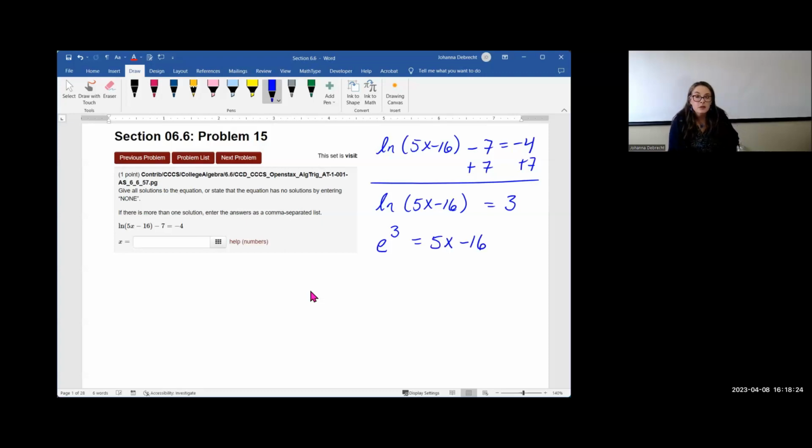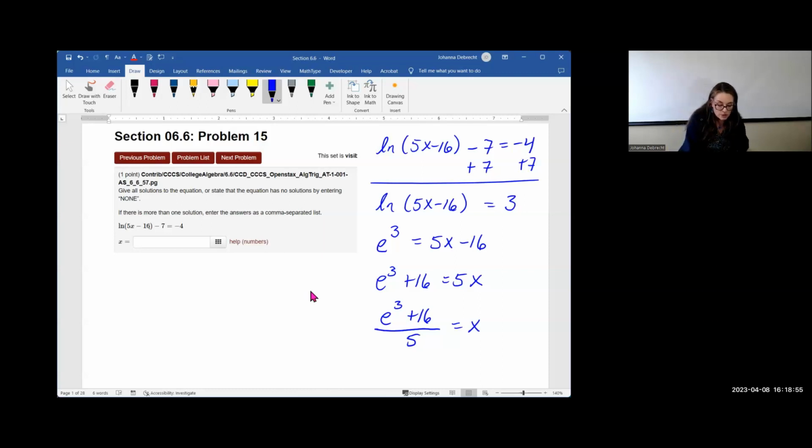Now solve for x. First, we add 16 to both sides, and we get e cubed plus 16 equals 5x. Then divide both sides by 5, so we get e cubed plus 16, all divided by 5, equal to x. We have to make sure that this does not cause the answer part to be negative or 0.